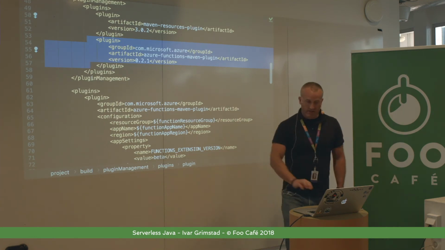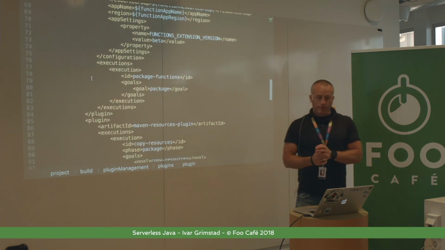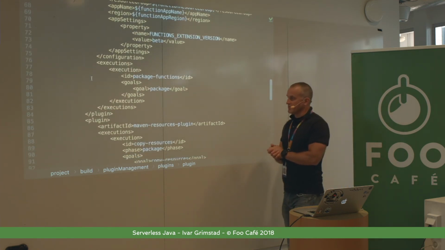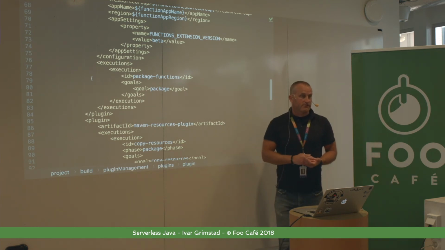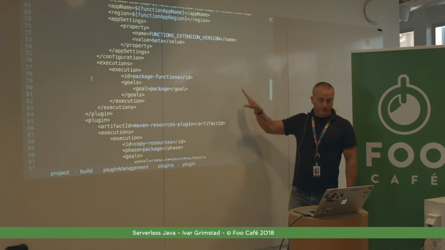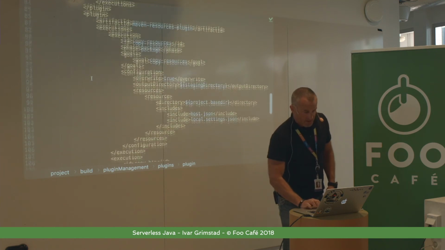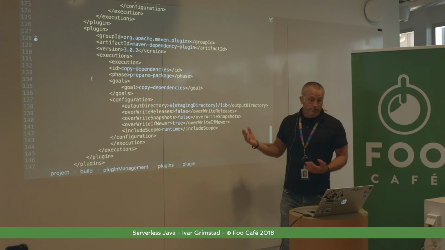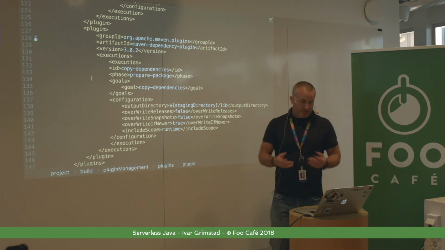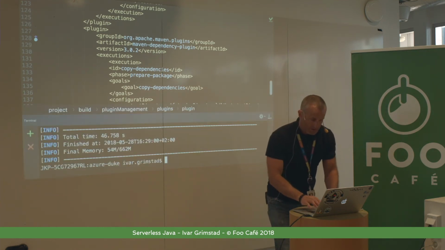So you give it the properties you need to be able to run it locally, deploy it, etc. It's pretty well documented by Microsoft, so I won't go through the details here, but it looks a bit verbose, but it's super simple to use, and as I said, well documented.